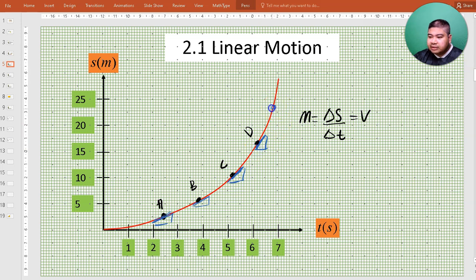This means that the graph is telling us that the velocity is increasing. Because the gradient is increasing, the velocity of the object is also increasing as the time increases. So you have increasing velocity.